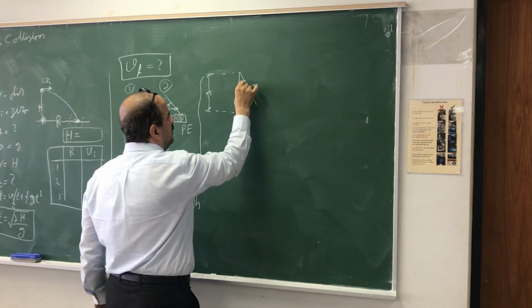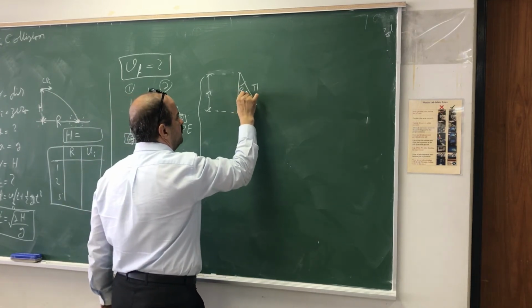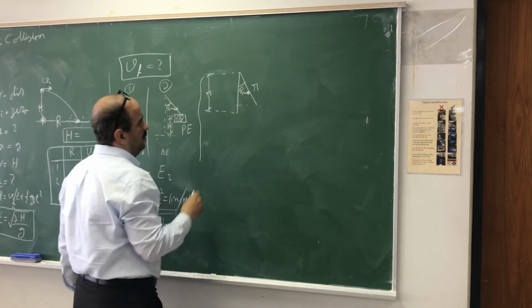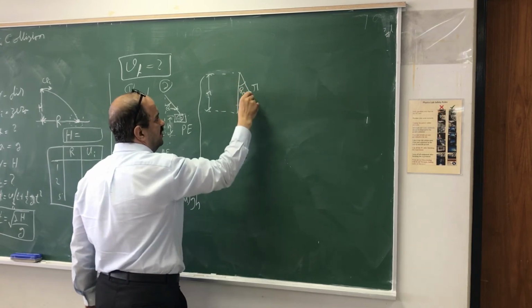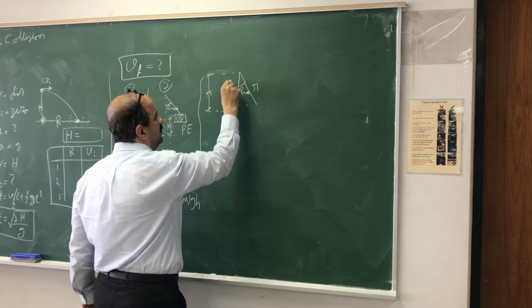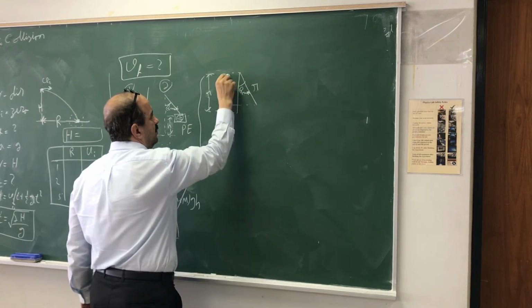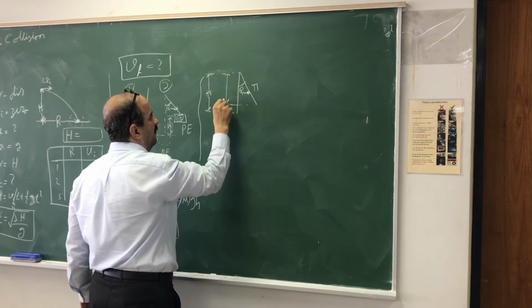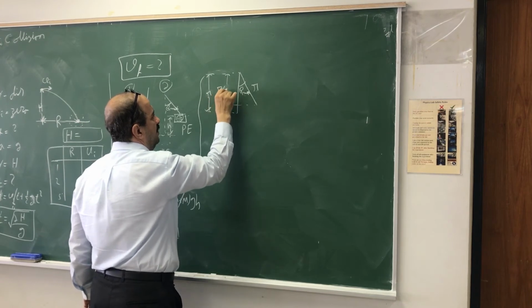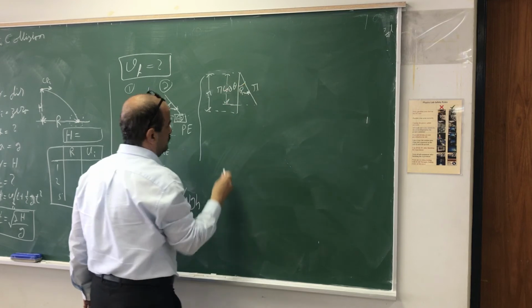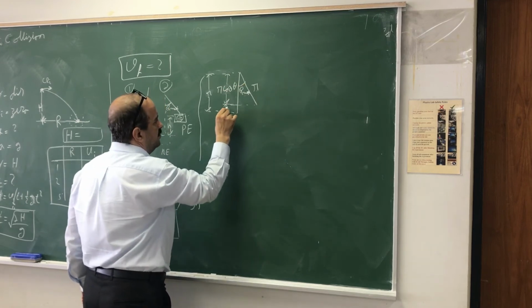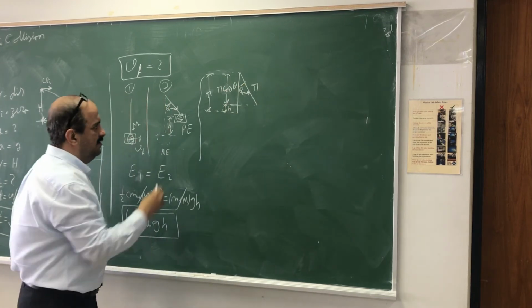If this is the theta maximum, then from this triangle, if this is r, the value here will be r cosine theta maximum, and this small value here is our target, small h.